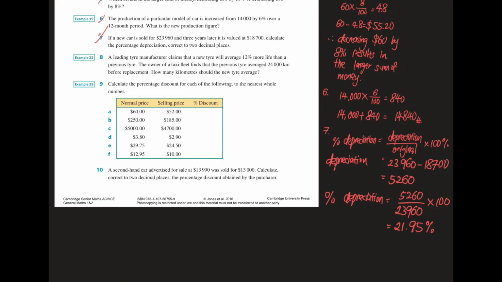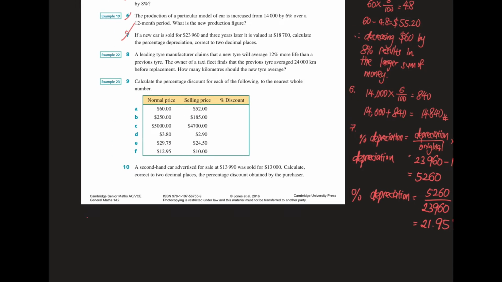A leading tire manufacturer claims that a new tire will average 12% more life than a previous tire. The owner of a taxi fleet finds that the previous tire averaged 24,000 km before replacement. How many kilometers should the new tire average? So that is an increase of 12% from 24,000.